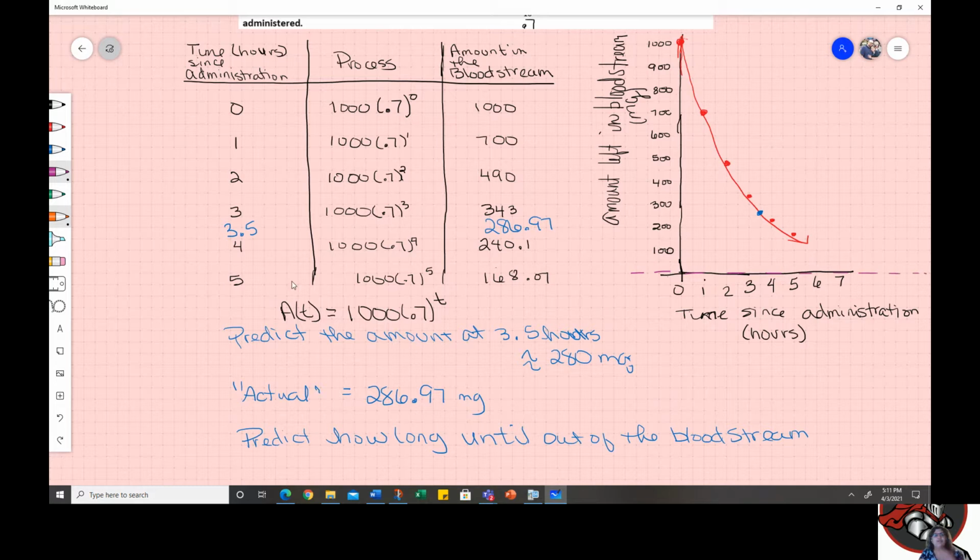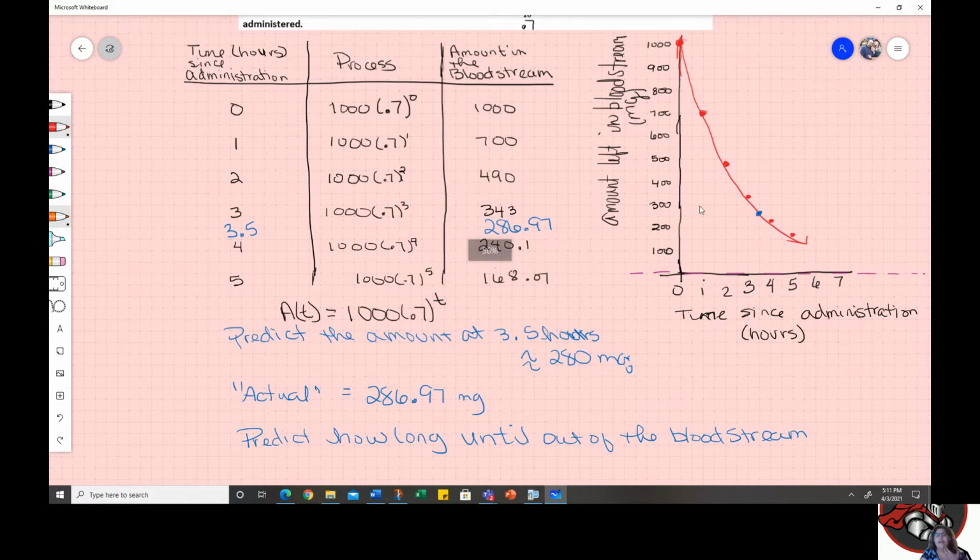So no matter what happens with our equation, we can continue this curve going out, but eventually it's going to get super close to the x-axis, and it's never actually going to touch the x-axis. So if it never touches the x-axis, it's never actually going to be 0.